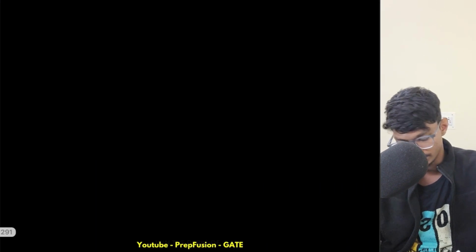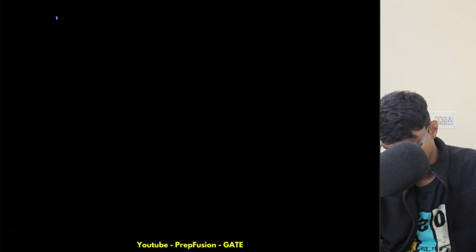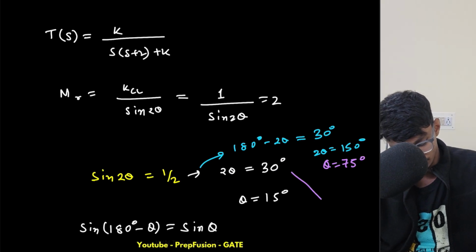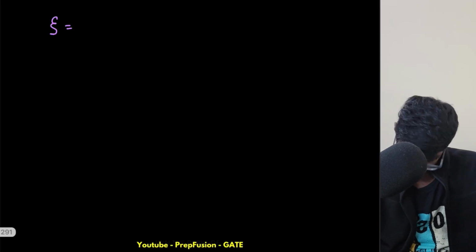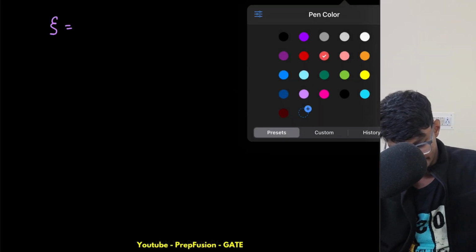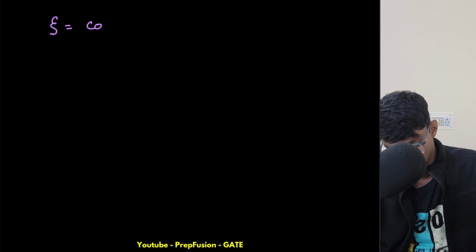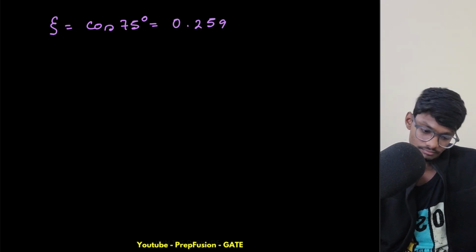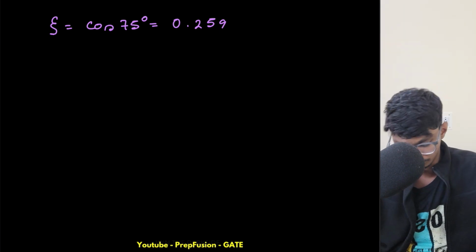I have already written it down. The value of zeta is cos 75, which is 0.259.